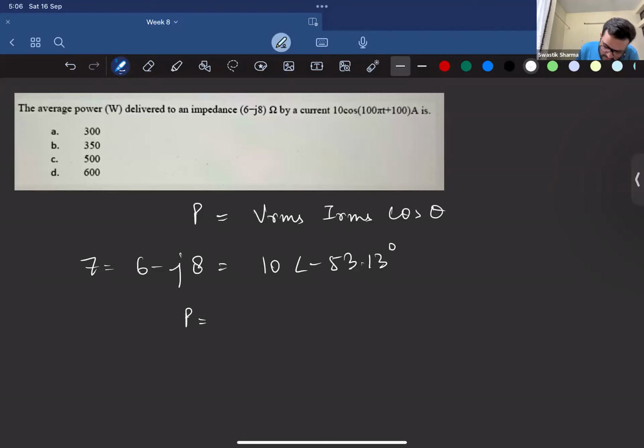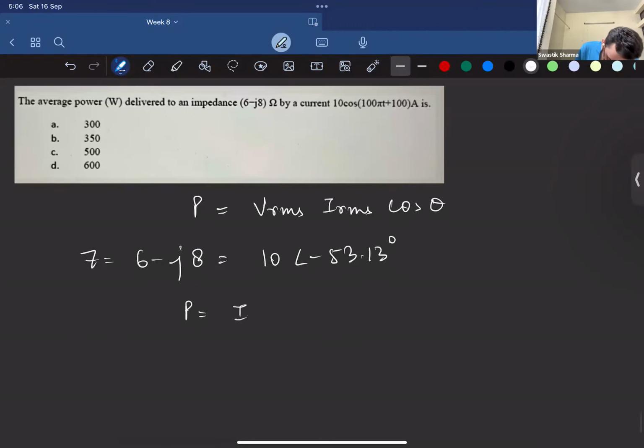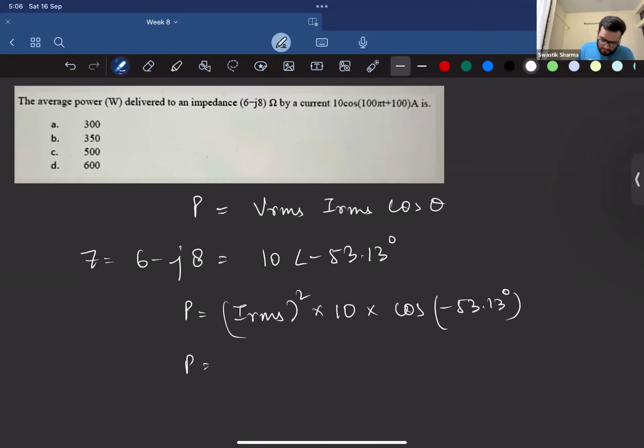Since V RMS is I RMS into the magnitude of Z, the power is I RMS squared into 10 into cos of minus 53.13 degrees. Cos of minus is nothing but cos. Now, what is I RMS? The value given is the maximum value.